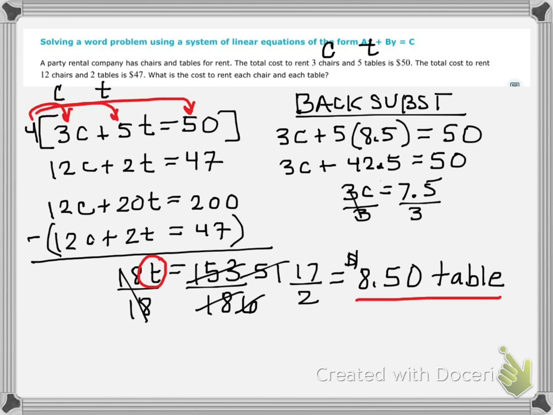And 7.5 will be divisible by 3, right? That's going to be 2, carry the 1.5, looks like 2.5. So that would be $2.5 or $2.50 for the chair.